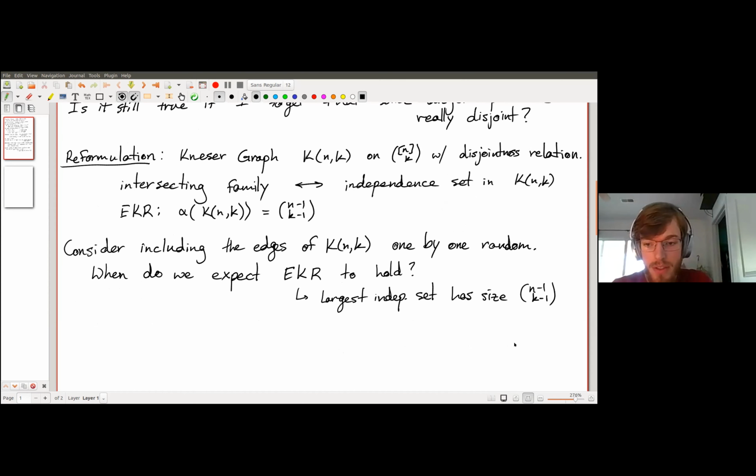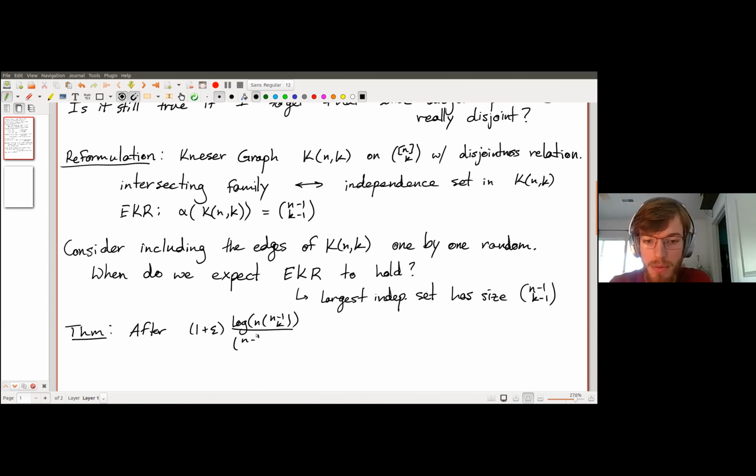Okay, so this is the question, and conveniently, our theorem answers this. There are a few different ways you can answer it. One way is we can tell you just about when you would expect this theorem to hold. Let's take epsilon to be a small constant.